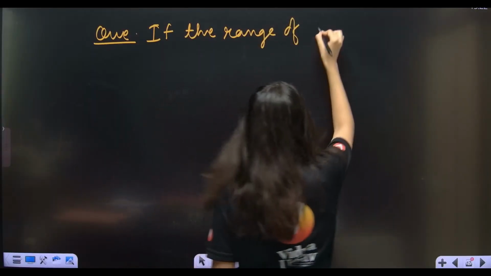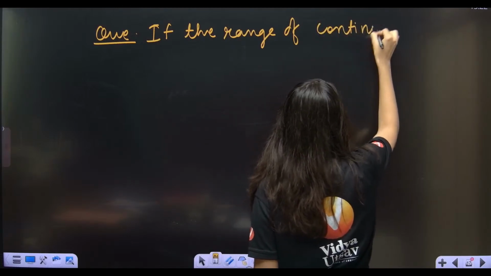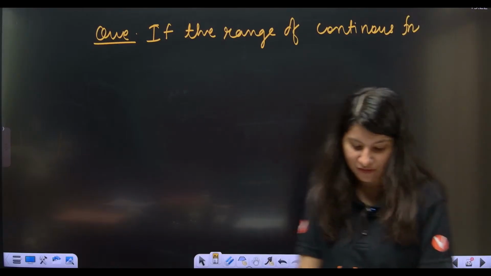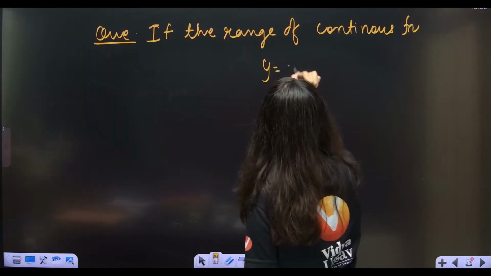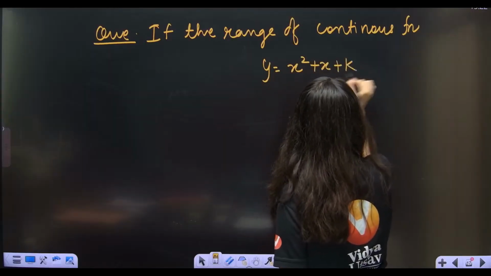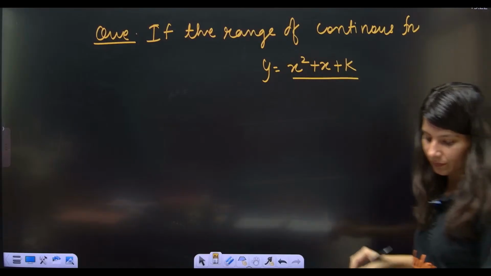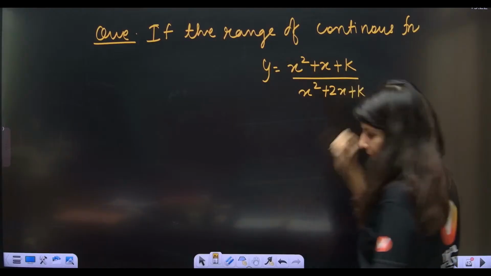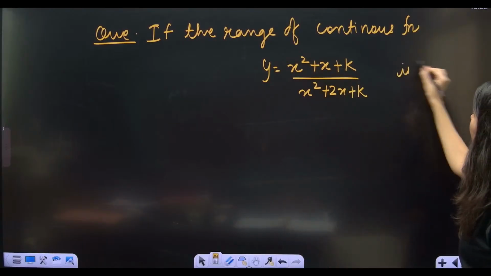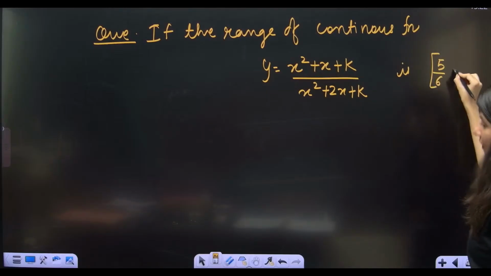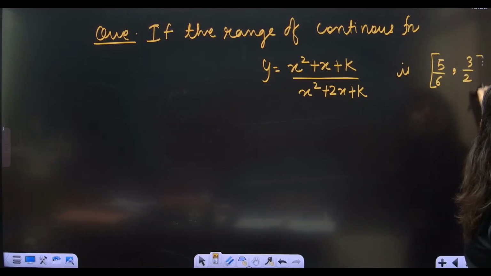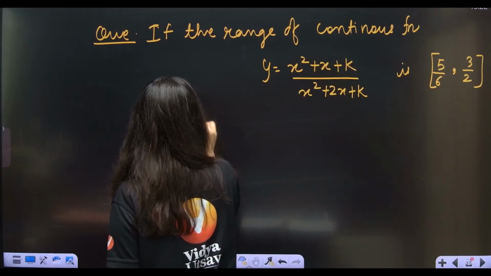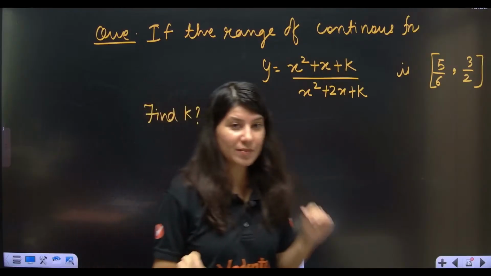If the range of continuous function y is equals to x square plus x plus k whole upon x square plus 2x plus k is 5 by 6, comma 3 by 2. Find k. Think about it. I will give you some time to think about it.